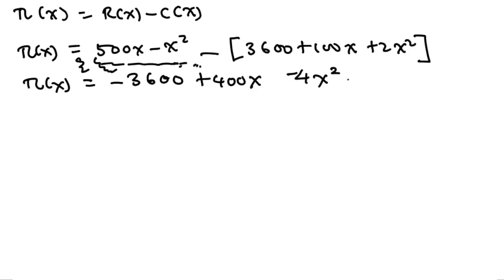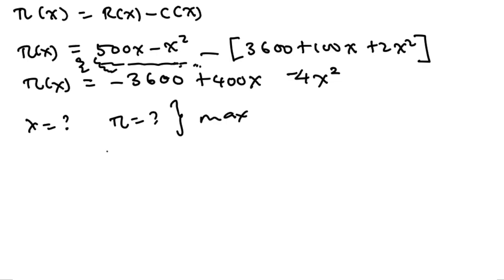Now, because we want to find the value of x and also the value of profit when the profit is at maximum, we need to find the vertex, because the vertex is the point of minimum or maximum. For profit, nobody wants a minimum point, nobody wants minimum profit. So obviously the vertex here is a maximum.